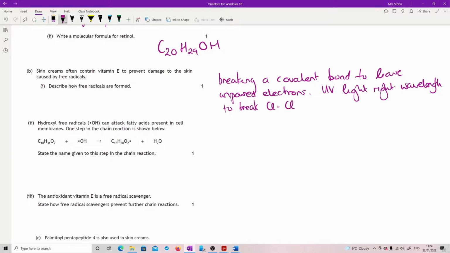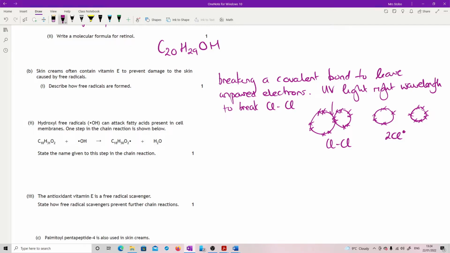And if you wanted to, you could draw a little diagram with your electrons shared in this pair going to this one, breaking, leaving you with this one with an unpaired electron and this one with an unpaired electron. And if that was chlorines that you were talking about, then we've gone from that to that.